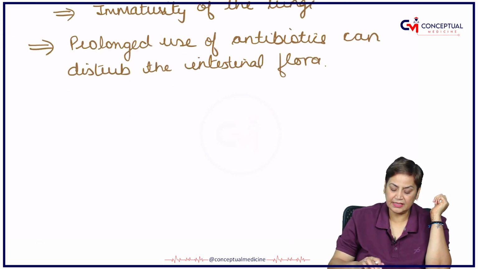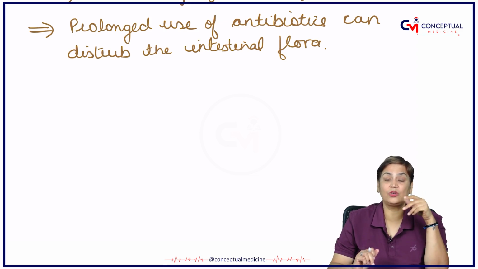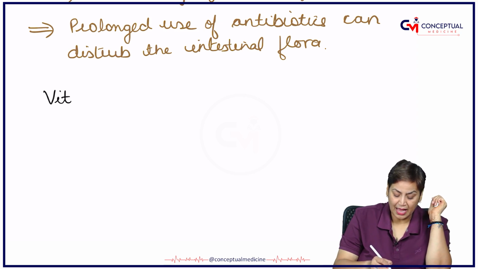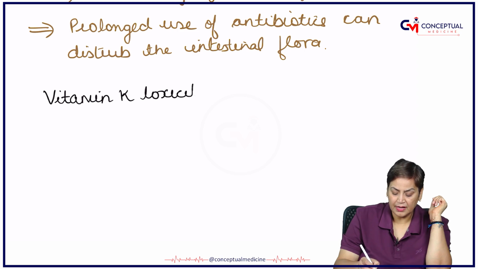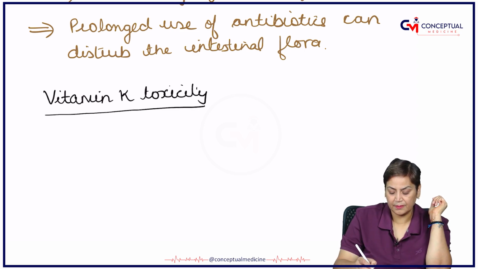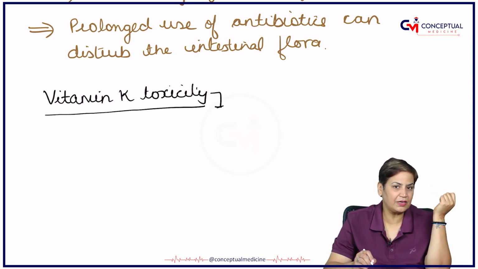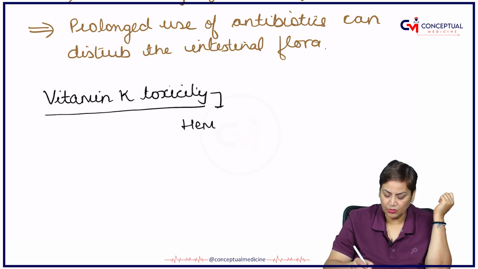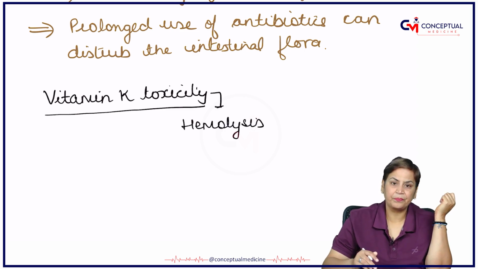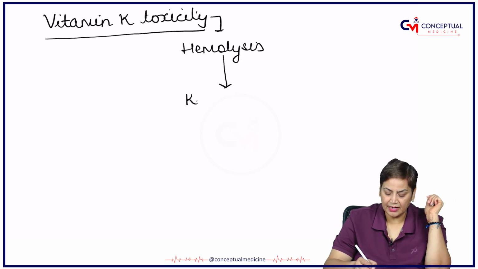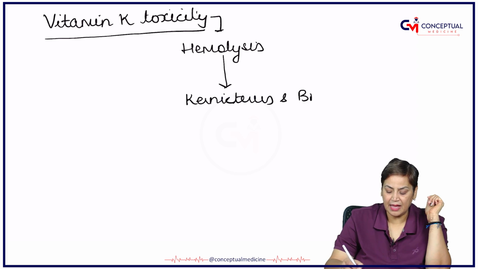Then the third one is vitamin K toxicity. To some extent vitamin K is toxic also. So what happens in vitamin K toxicity? It leads to hemolysis. Right? Because bleeding manifestations are actually the main feature of vitamin K deficiency. So toxicity will lead to hemolysis, and this hemolysis will lead to kernicterus and brain damage.